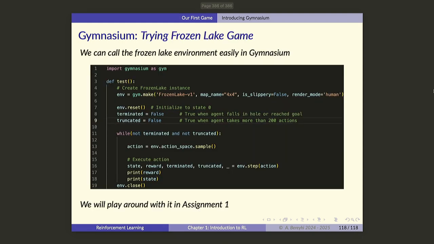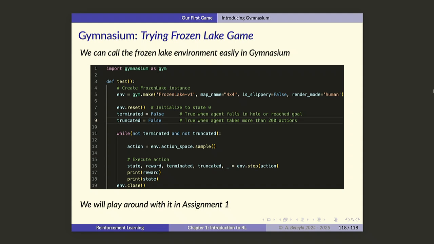This is a screenshot of a very basic one, the FrozenLake. You import Gymnasium, and once you import it, you can use all of the functional operations defined there. For example, here you make the environment first, since FrozenLake is already available, and then you first reset your environment, so you start from state 0, and then you can put different Boolean parameters there to control the environment, right?